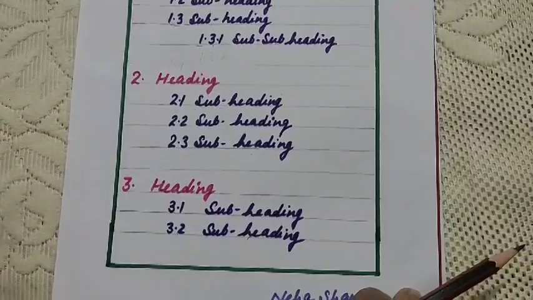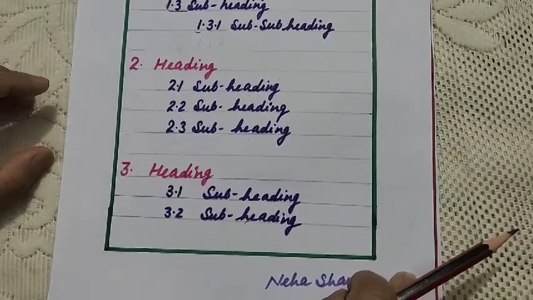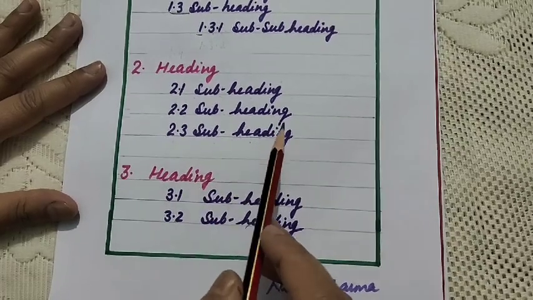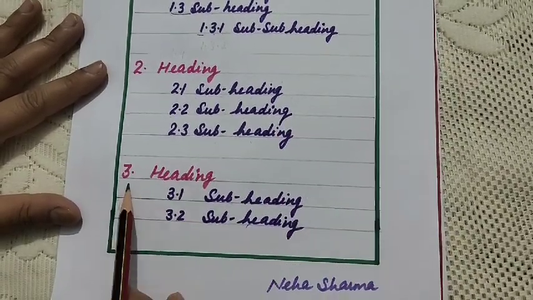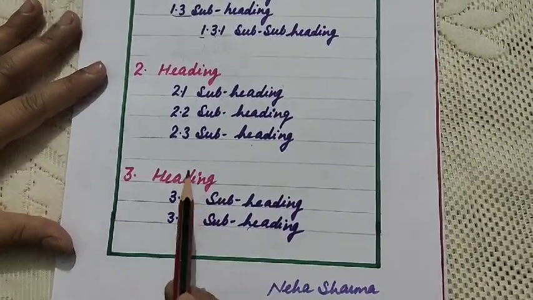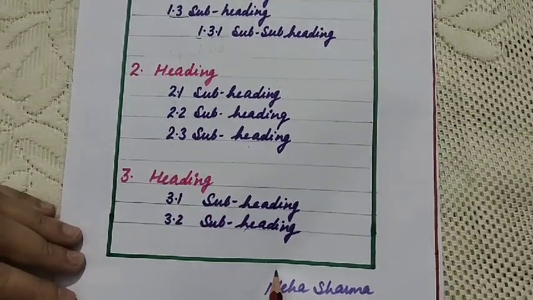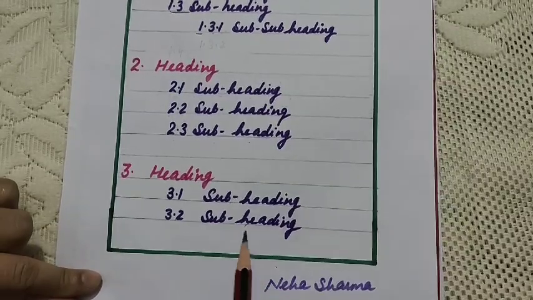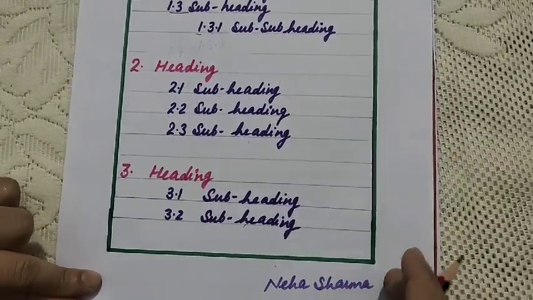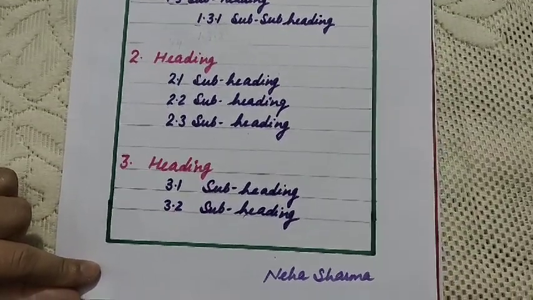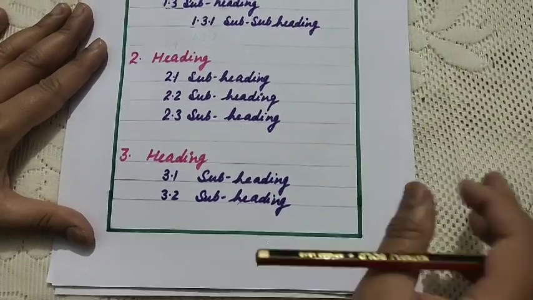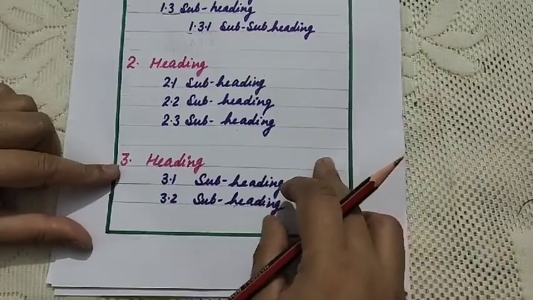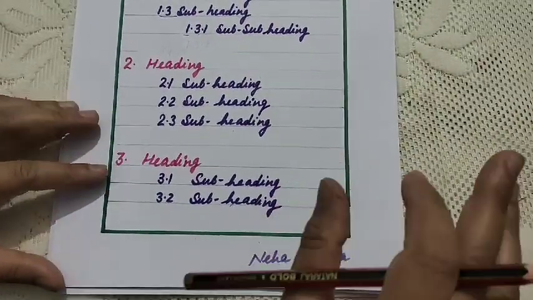Third one is once again a heading, and this will continue. You can give minimum 4 headings and maximum 6. Sorry, I said minimum 6, but it is minimum 4 and maximum 6.